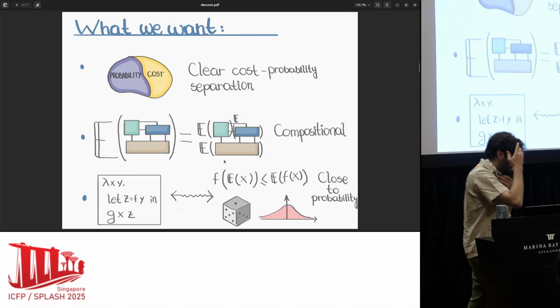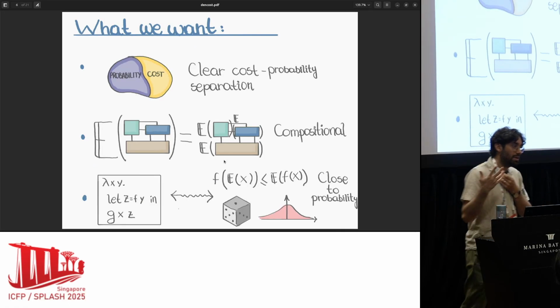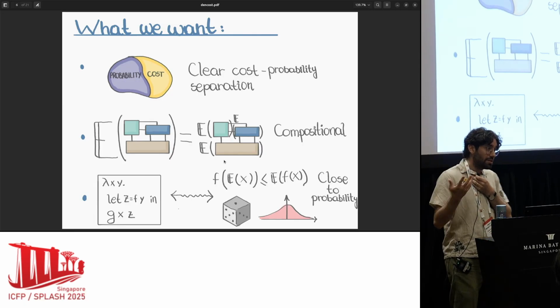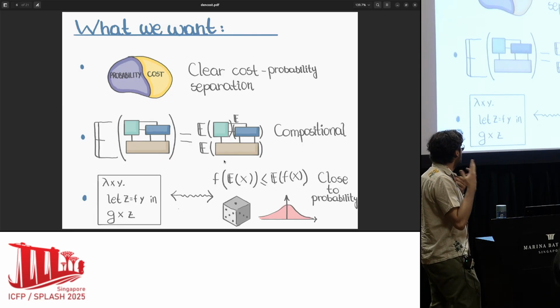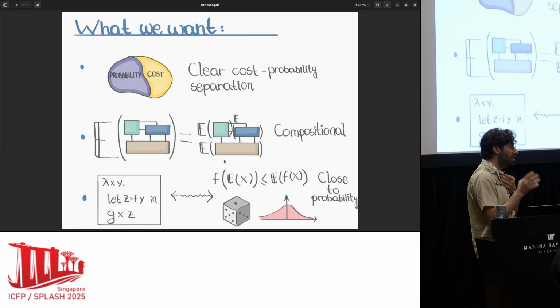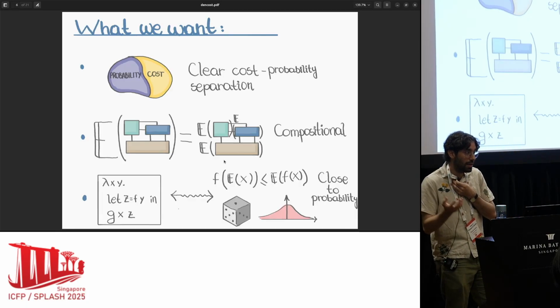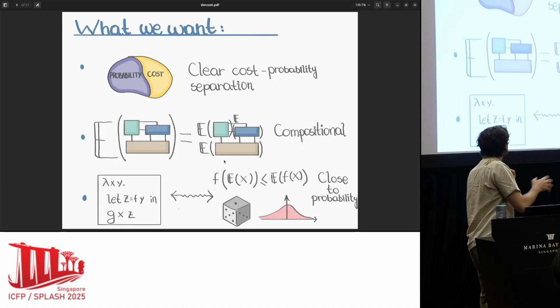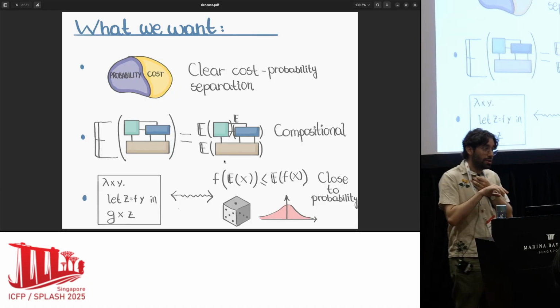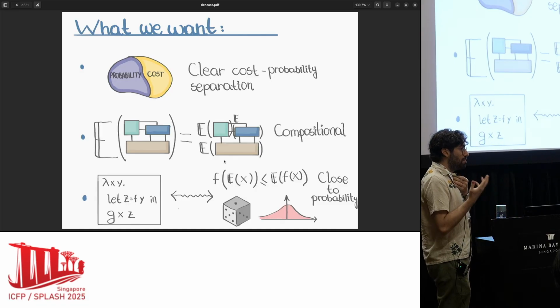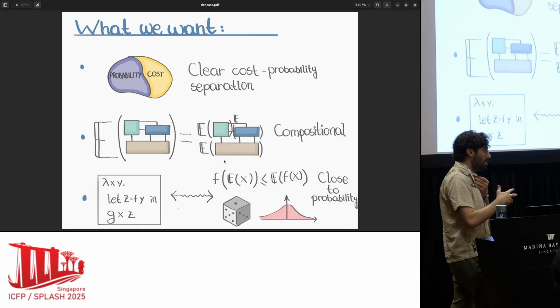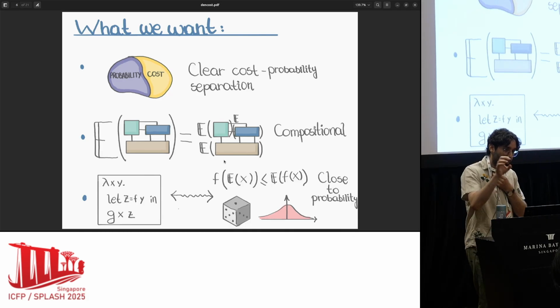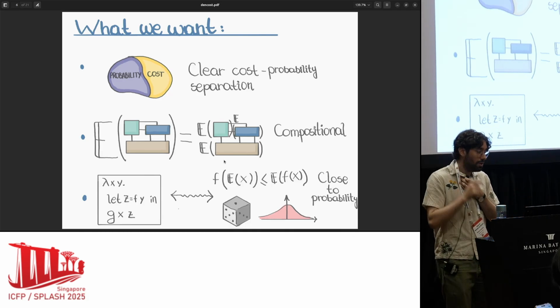So this allows us to say what we want our semantics to actually satisfy. One thing that we want is this very nice separation between cost and probability, where we want to keep these things as separate as possible. You want it to be compositional, right, so that we can compute the expected cost of the whole program by computing the expected cost of its individual components.